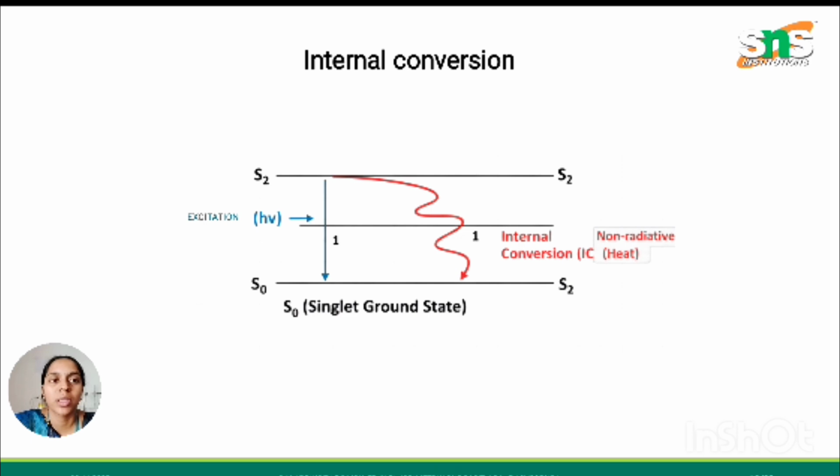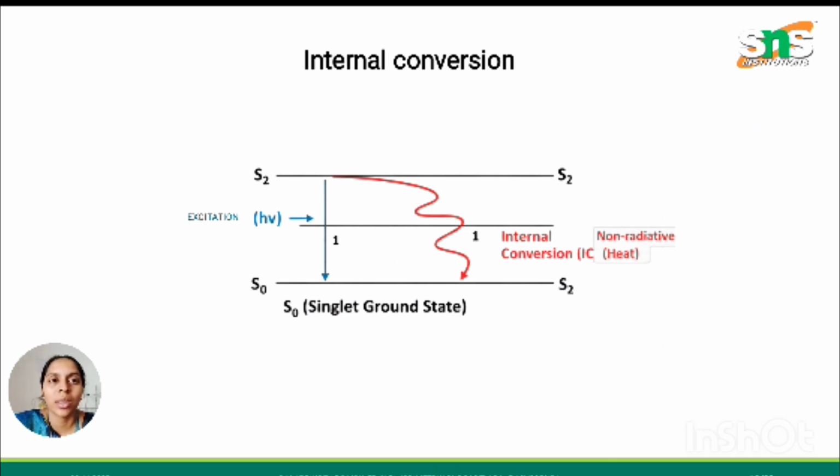So the internal conversion happens within the molecule, that is intramolecular interaction. Here the electrons will move from the higher energy state to a lower energy state. So the changes are happening within the singlet excited states. Here the energy present in the molecule is released in the form of vibrational relaxation and some other non-radiative relaxation processes. Especially the energy is lost mainly in the form of heat.